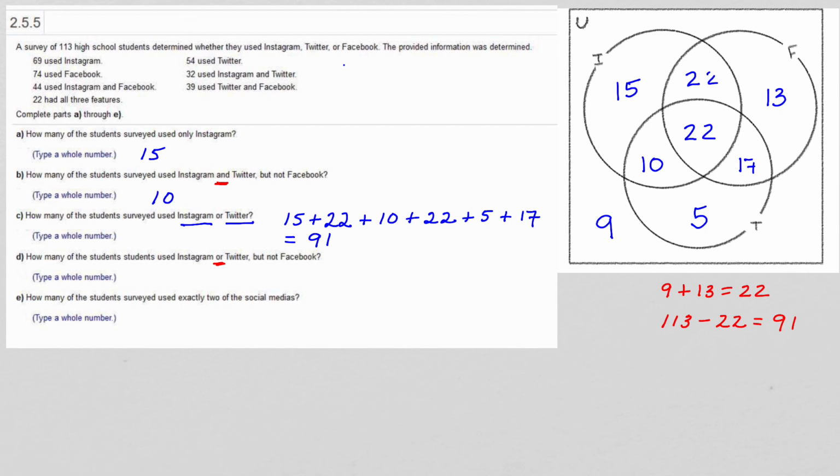It could be Instagram, it could be Twitter, or it could be both. But we just want to make sure we're leaving out Facebook. So Instagram or Twitter, well, that was that area that we were just looking at. But then I don't want the ones that used Facebook. So I only want 15, 10, and 5. And that gives me 30.